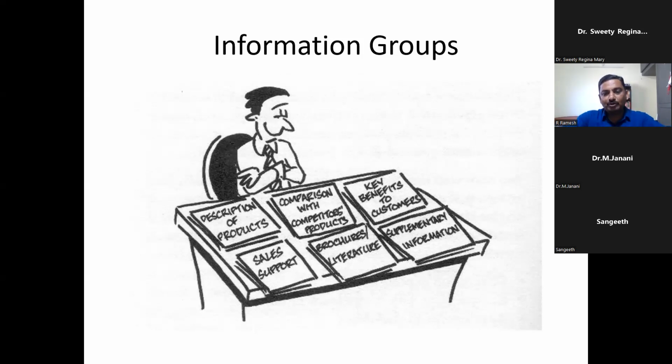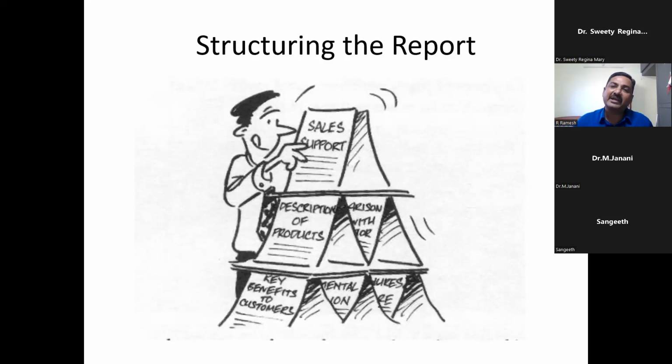When I have information groups, I'll be able to decide how to structure my report. What should come on the top? What should come in the middle? What should come in the bottom? What am I opening my thesis with, what is there in the middle of the discussion, and how do I conclude this?